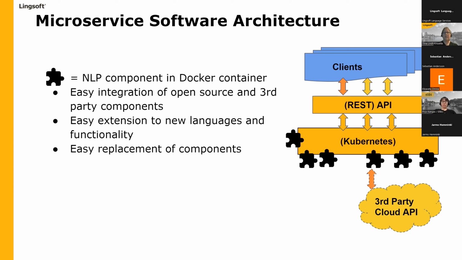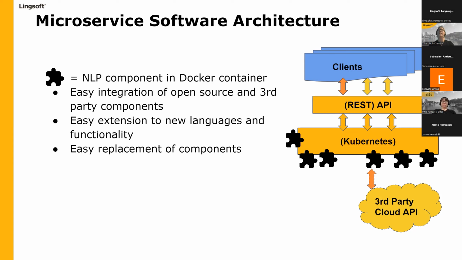And then you can also have Docker containers that are basically just redirecting your information to a third-party cloud API. So it's also possible that the actual tool is not running; you just create a little proxy that calls the third-party API. And so basically, you can add new languages and new functionalities.